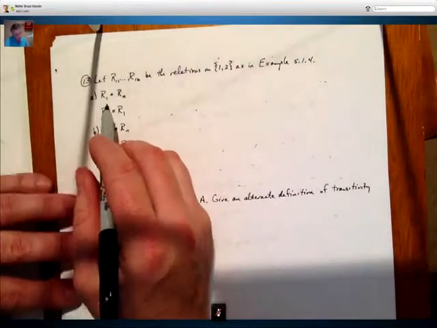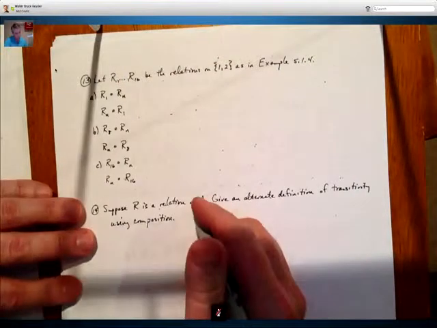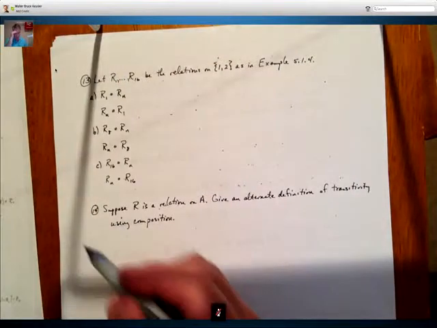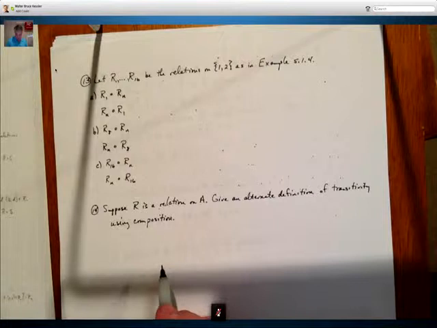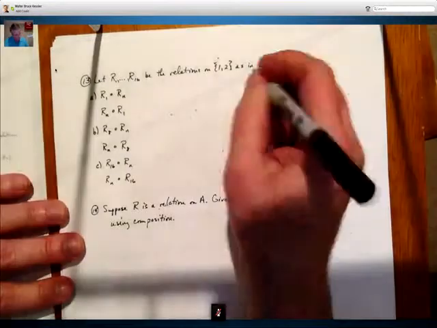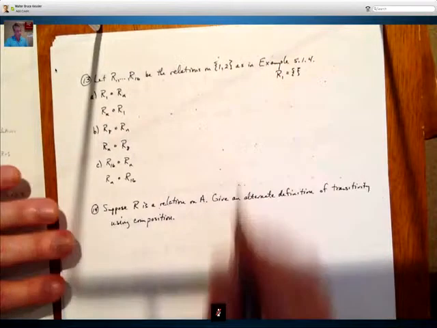Okay, let's talk about Rn, where n can be in 1 through 16 here. But R1 is the empty set. Let's see, R1 is the empty set.